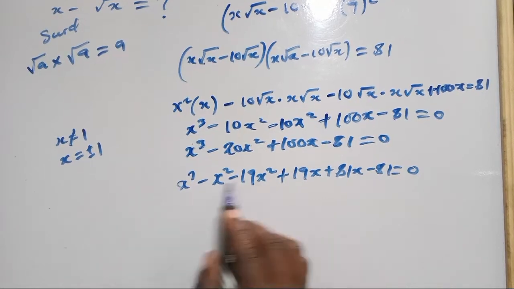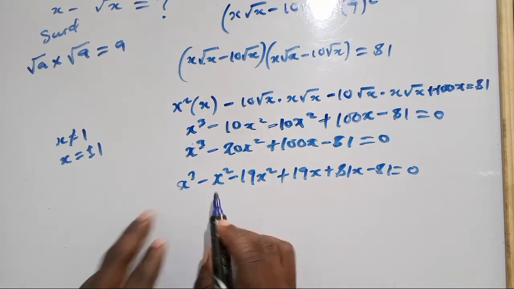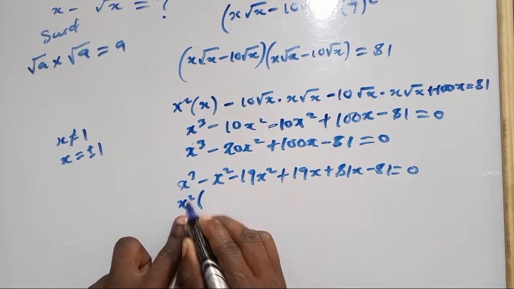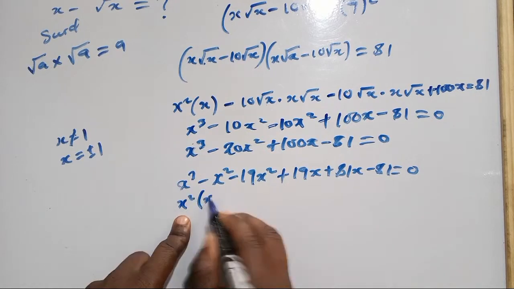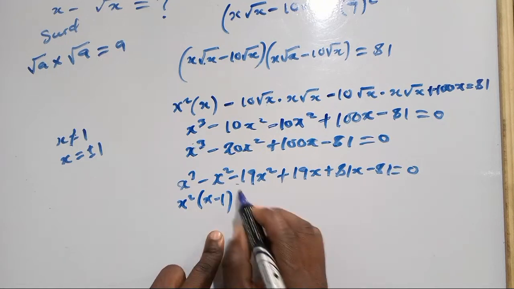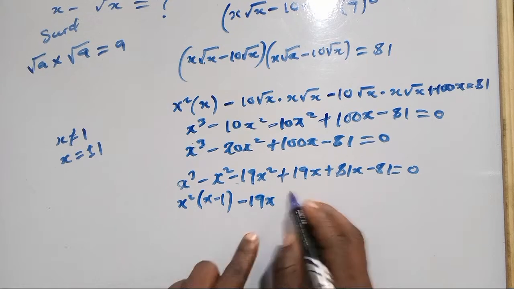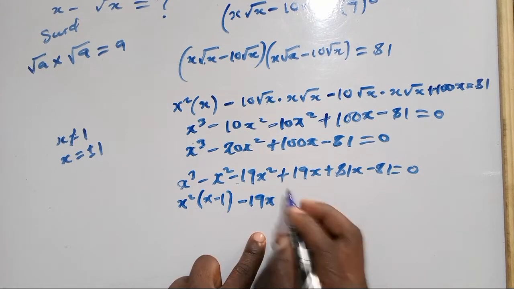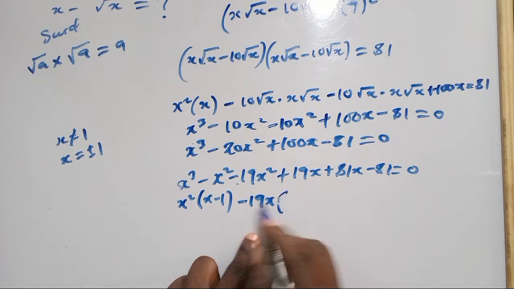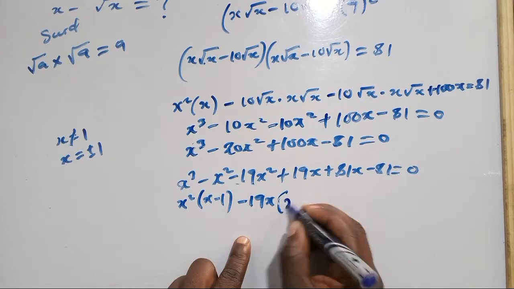Then here, we can factor out now. What is common here? It is x squared. So x squared outside, then open bracket, x squared into x cubed, you're going to have x minus 1. Then even here, we can factor out what is common. It is minus 19x, right? Minus 19x into minus 19x squared, you're going to remain with x.